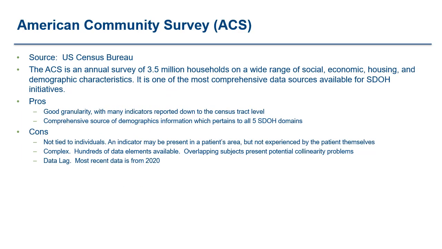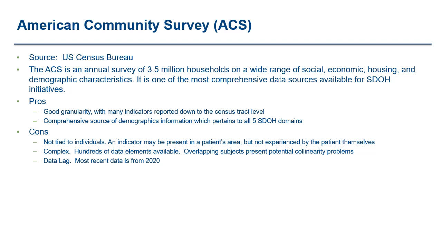Another very important data set is called the American Community Survey, or ACS. This is an annual survey of 3.5 million households on a very wide range of issues. It's one of the most comprehensive data sources available for social determinants of health initiatives. There is a lot of data out there about that. I spent a lot of time on the Census Bureau website pulling down these data elements.